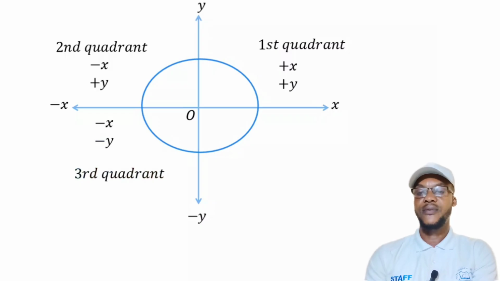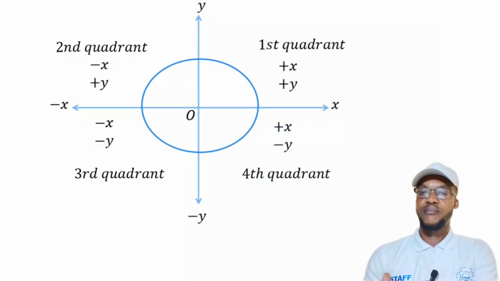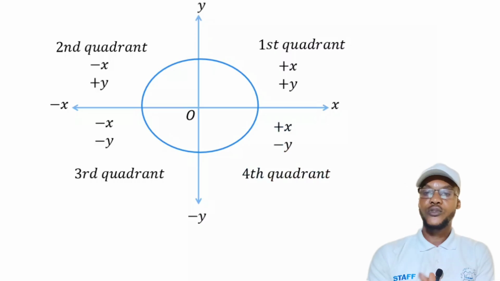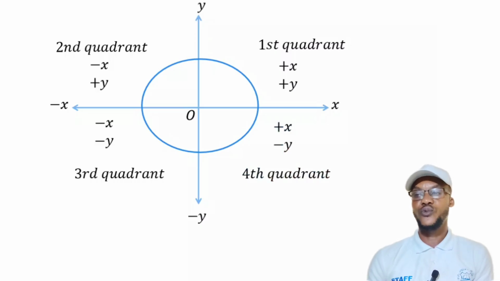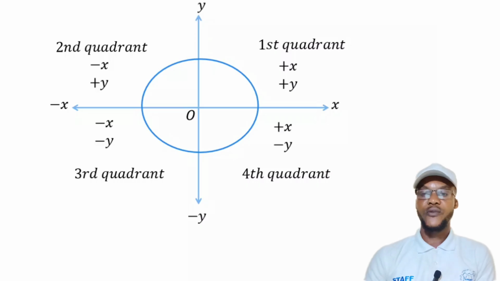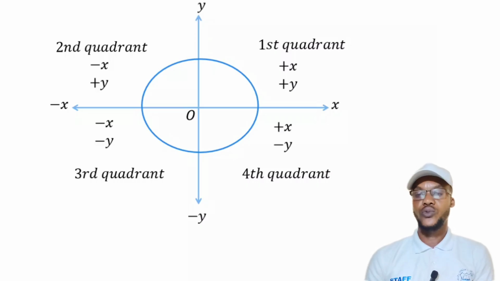Then the last quadrant, which is the fourth, has y negative and x positive. So if I give you a point or coordinate to plot on the Cartesian plane, you should be able to tell me in which quadrant you are going to plot it. Yes, so these ones are very basic.